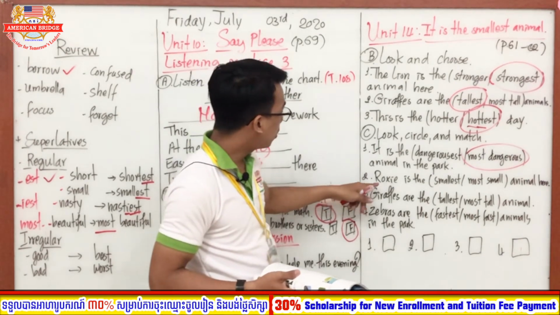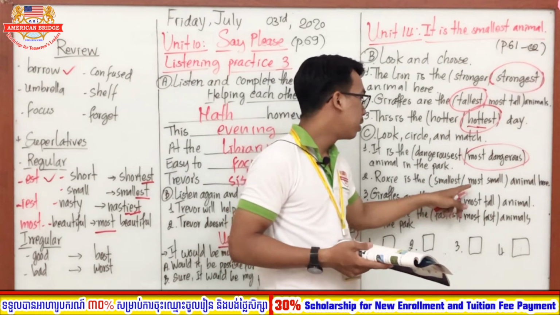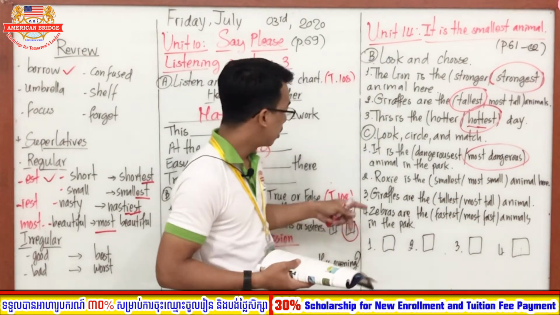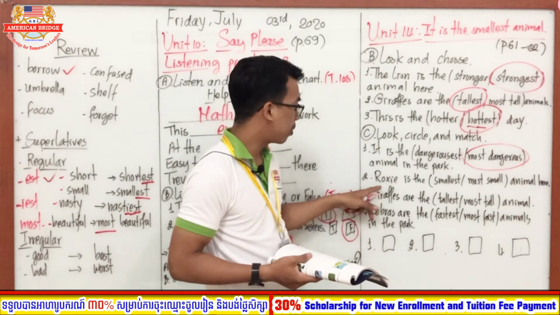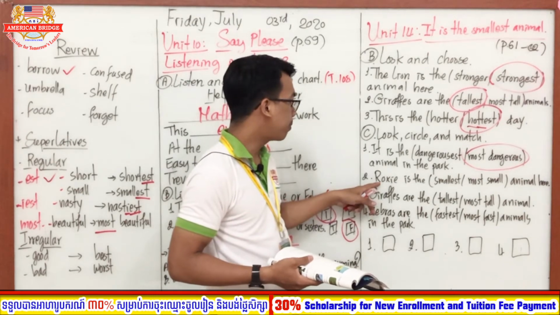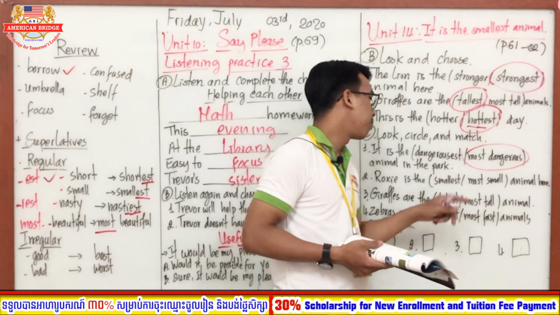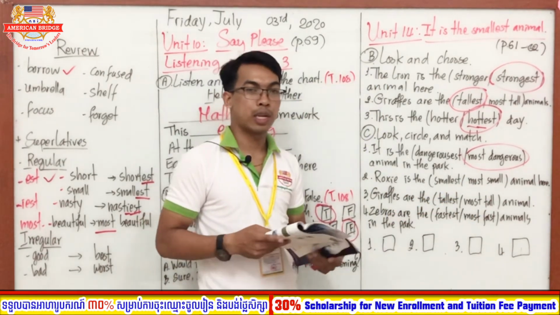You see? Good. Alright, and move on to number 2. So number 2, Rosie is the smallest, most small animal here. So Rosie is an animal, everyone. So Rosie is the smallest, most small animal here. So which one is the correct answer?